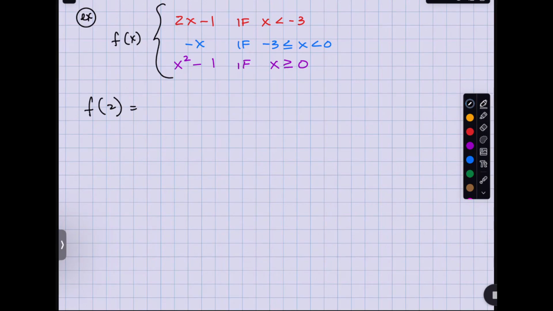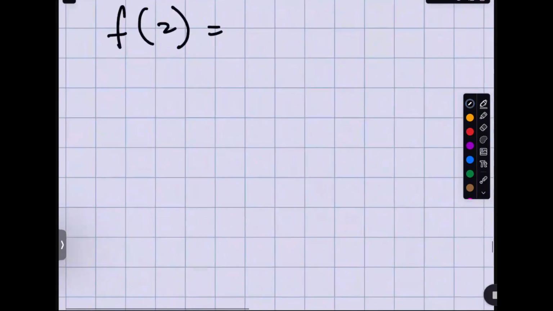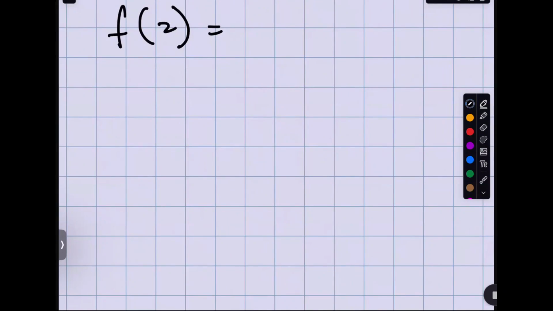Say that again. Whichever one is true. What does he mean? Wait, let me ask you guys this. If I was to translate this, someone said to you, "Hey, what the heck does it mean by f of 2?